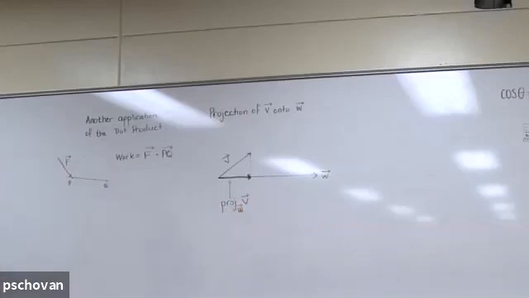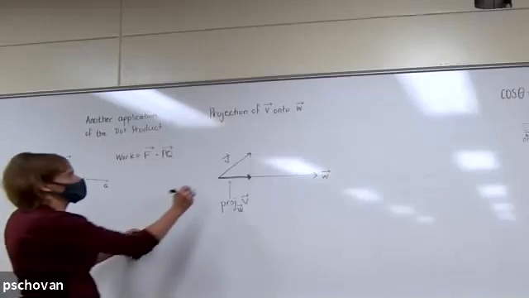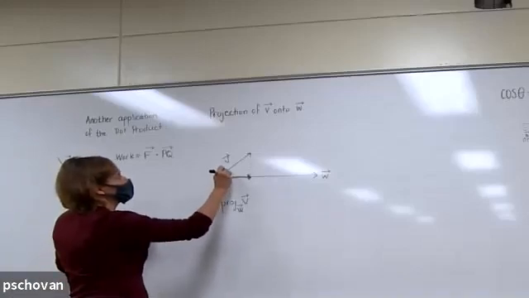So it's a vector that has the same direction as vector W. In other words, it's going to be some scalar multiple of vector W. Let's see if I can figure out how to do this. That's a right angle right there. So, let's look at this angle here.